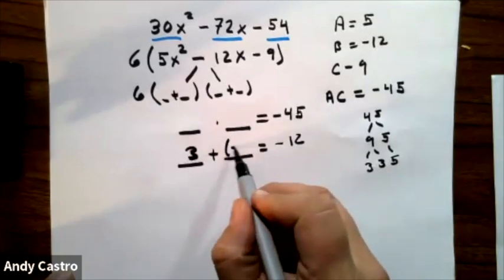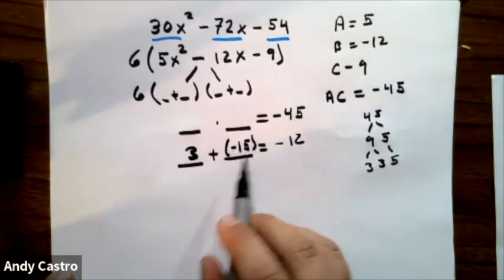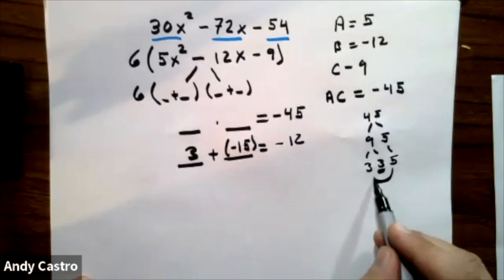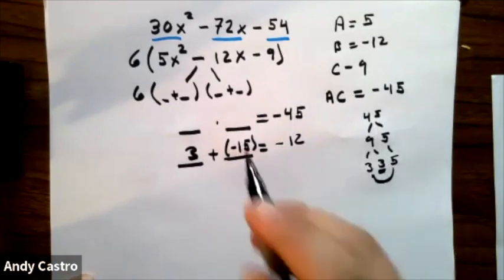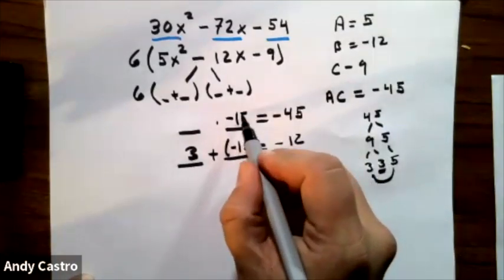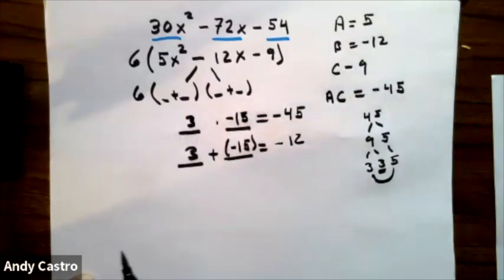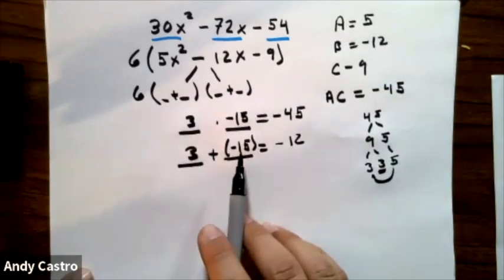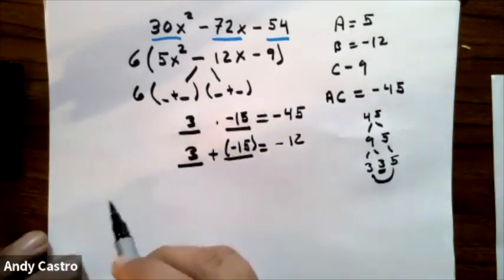And 3 times 15 gives me 45. So negative 15 times positive 3 is going to give me negative 45. All right. So a positive 3 and a negative 15. Those are going to be my numbers to work with.